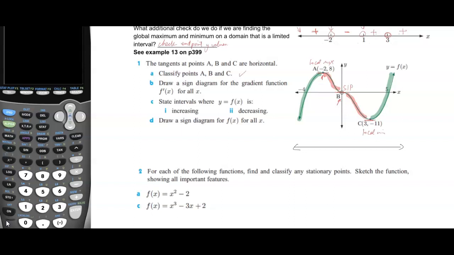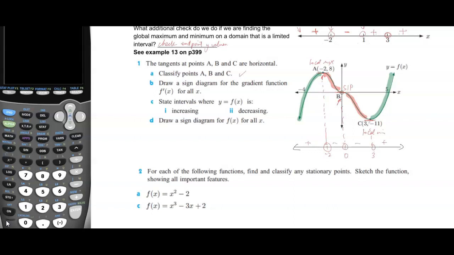And of course, there are going to be points that are zeros. Those 3 values are -2, 0, and 3, x values, right? And then the green portions are positive, and the red portions are negative.